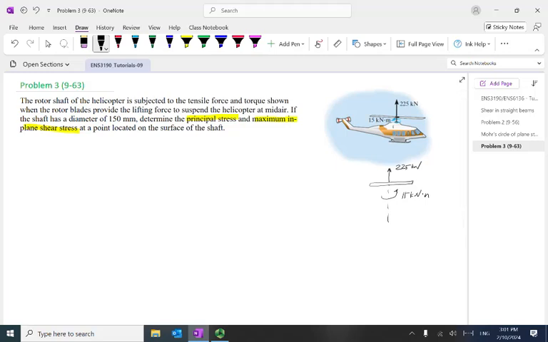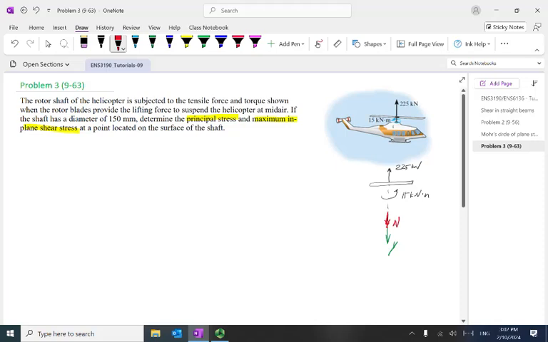When we try to get the internal loading here, remember we should use the method of sections. So for example, if we say this is the y direction, then of course we can see the internal force here is N, clear?